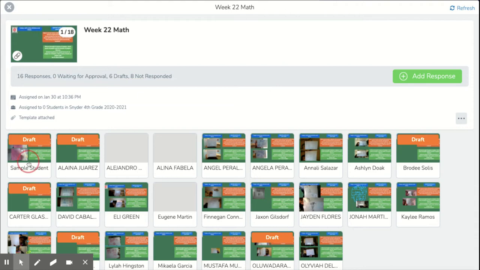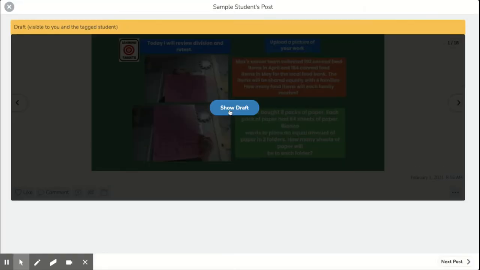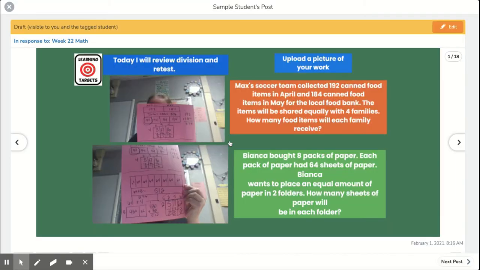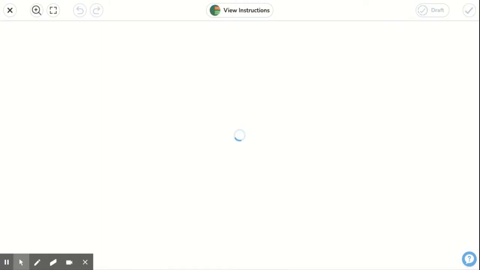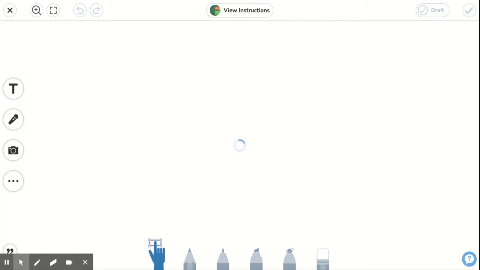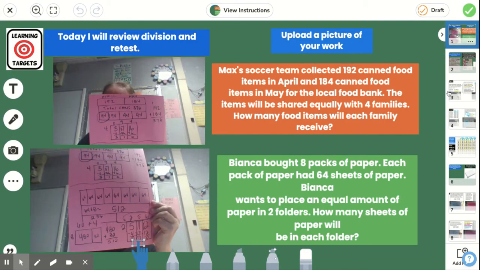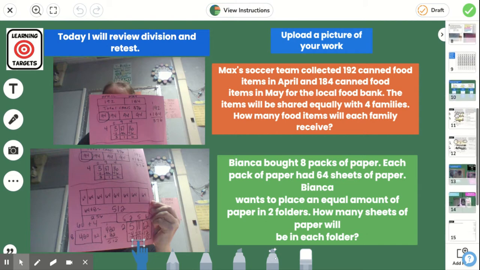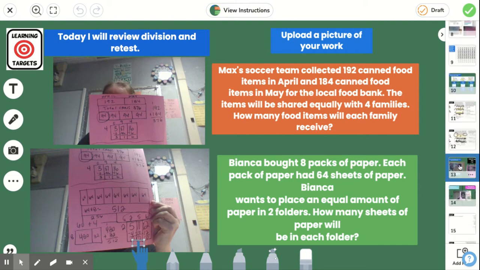Let's try this again. All right, so down here on page 13.